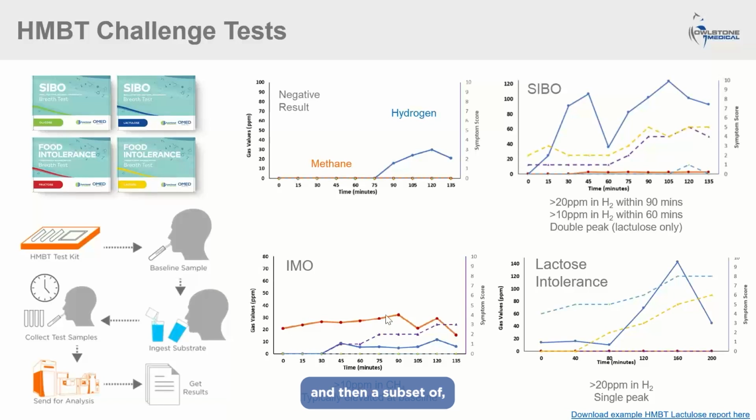In a subset of SIBO called IMO, you have archaea in larger quantities than in a healthy adult, and you'll see archaea driving up the levels of methane. There's always the component for both to be tested at the same time, because both can provide a clearer picture in the context of disease, of the variety of diseases this can be used for, such as SIBO, IMO, and carbohydrate malabsorption.